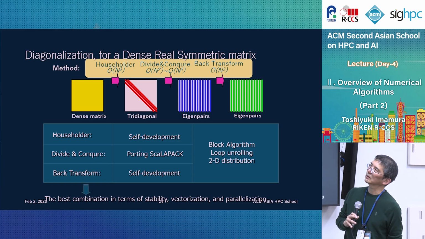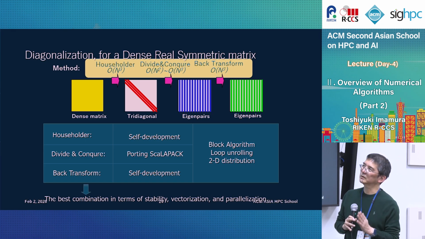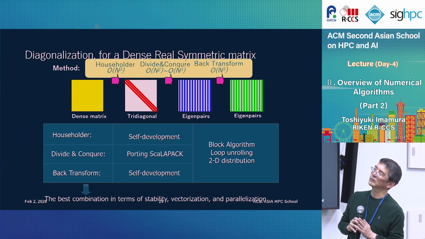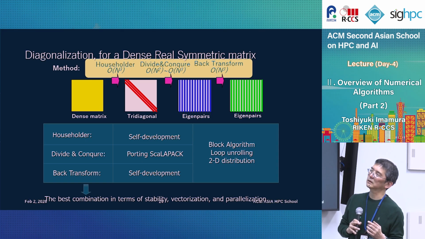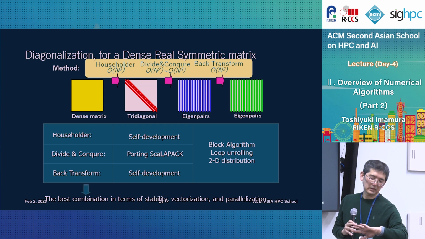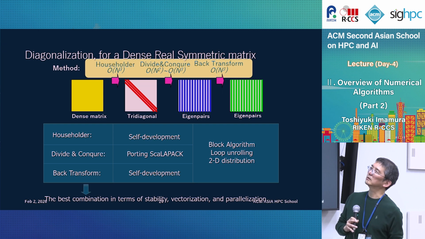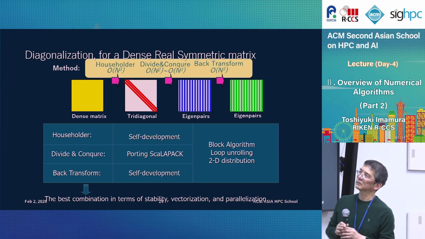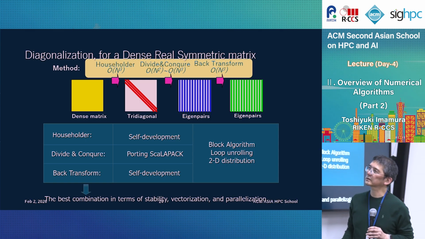Now, the major numerical libraries. As far as I understand, there are three or four major libraries, but they take the same approach. The input is a dense n by n matrix.